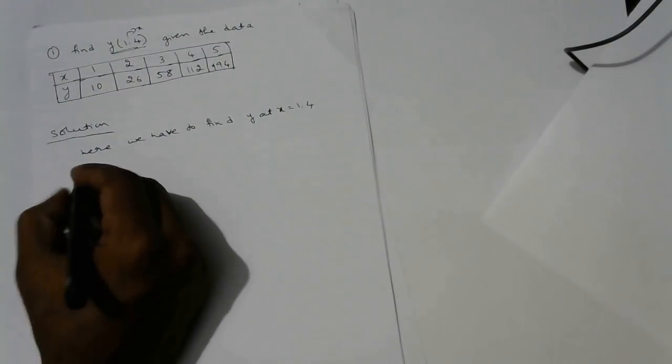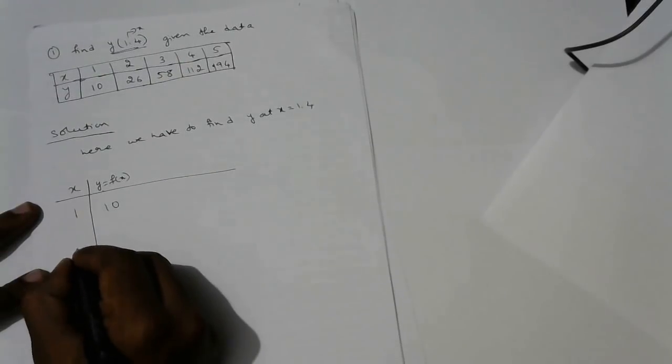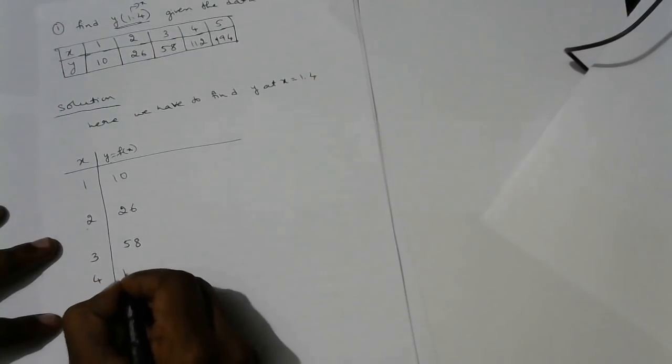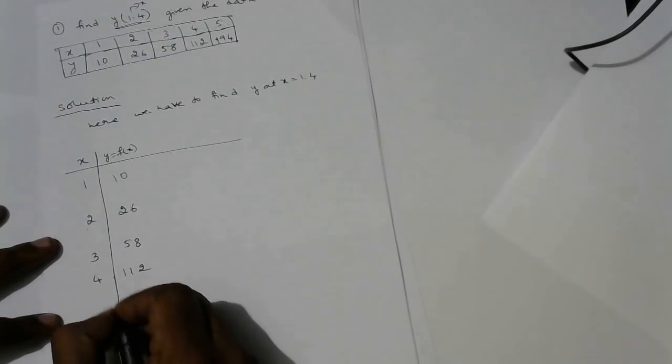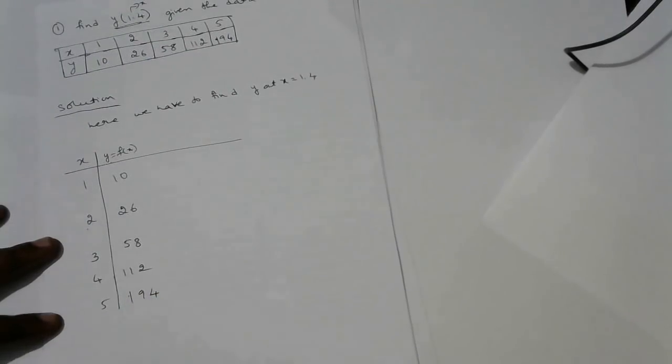Now here for 1, y equals f of x is 10, and for 2 it is 26, and for 3 it is 58, and for 4 it is 112, and for 5 it is 194.